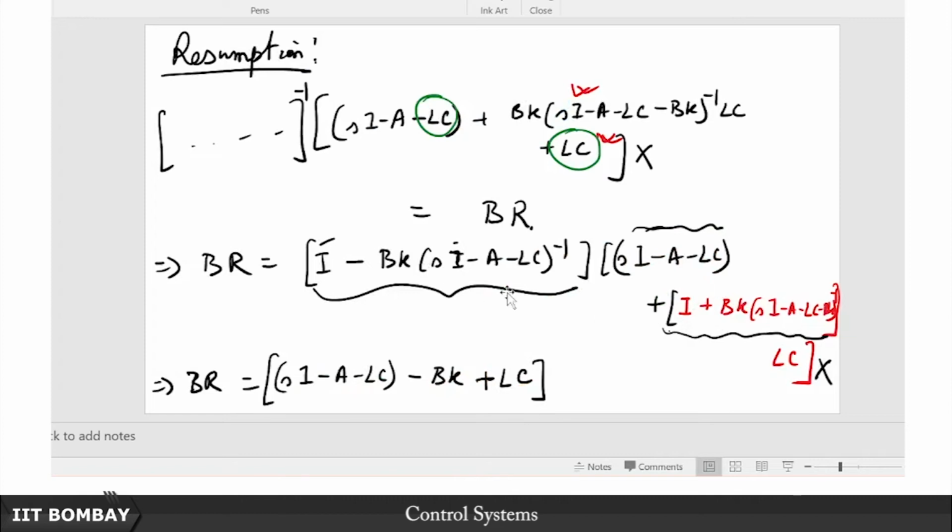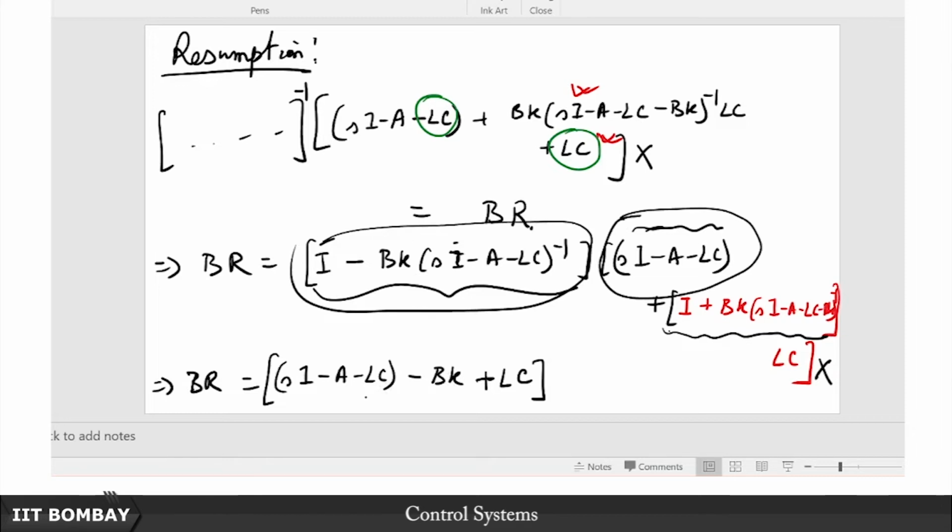So when I multiply this overall whole term here, first I multiplied this term with this term, that resulted in these two, yeah. So when I multiplied this whole term with this term, I got this much, and then I multiply this entire term with this term, of course followed by LC.